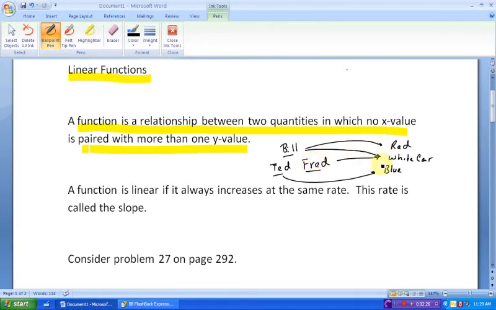Well, our first value cannot go to more than one second value, so this would not be a function. And if I took away Bill's little line going to the white car, then we would have a function.